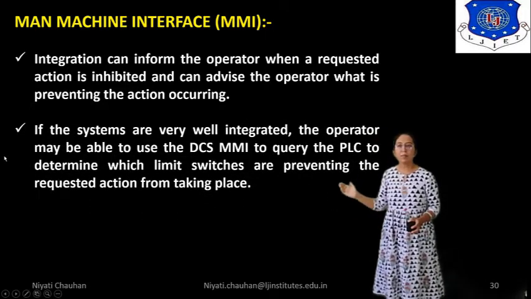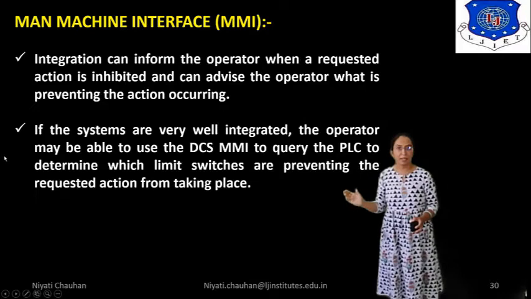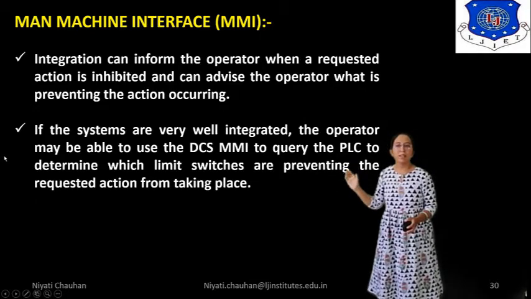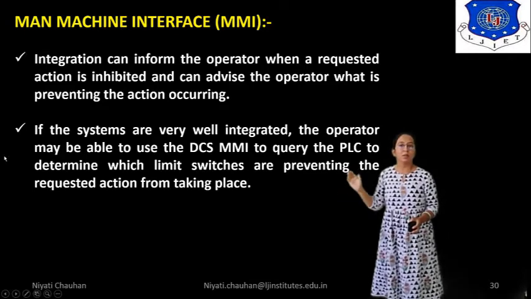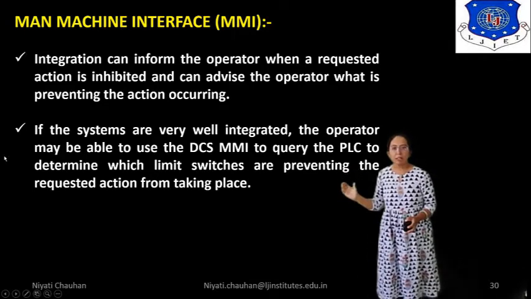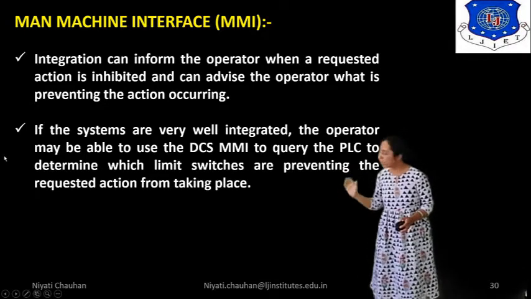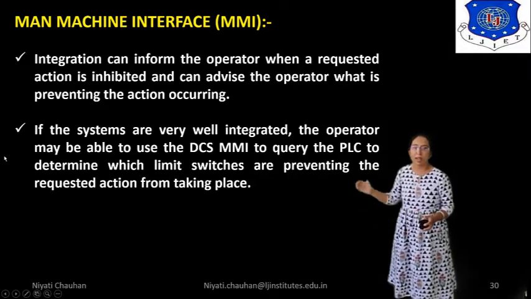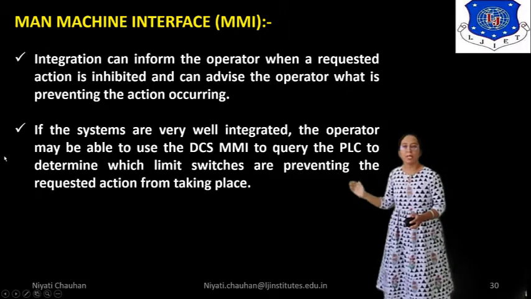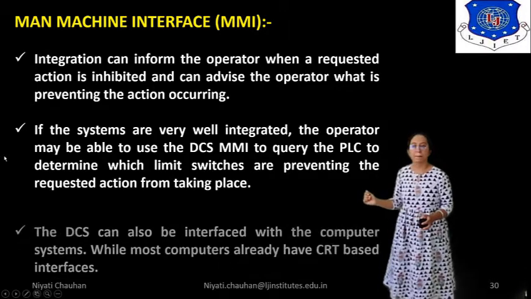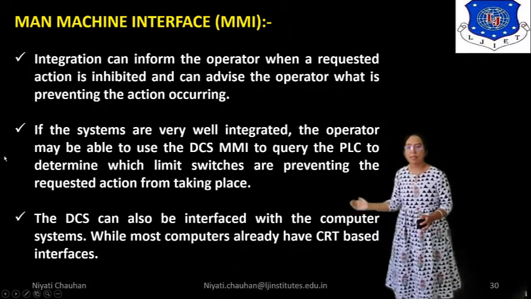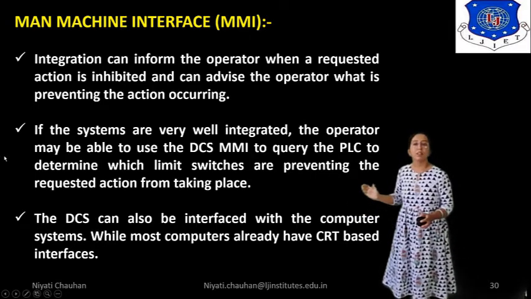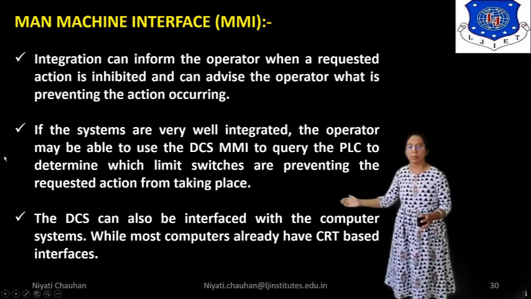If the systems are very well integrated, the operator may be able to use the DCS MMI to query the PLC to determine which limit switches are preventing the requested action from taking place. The DCS can also be interfaced with the computer system.